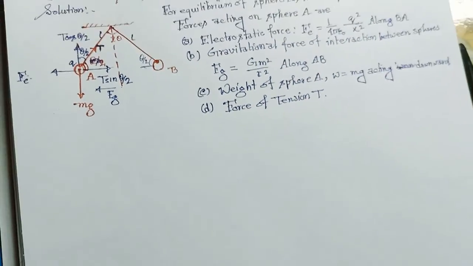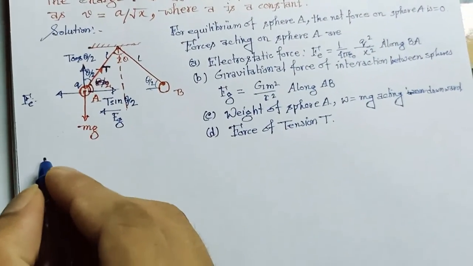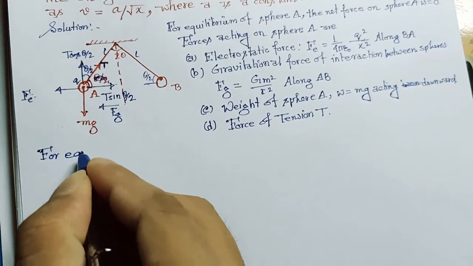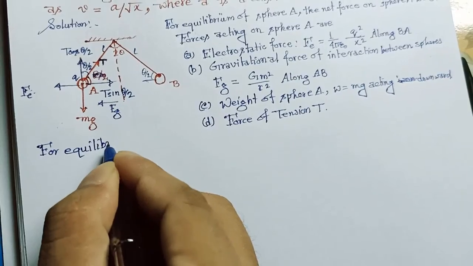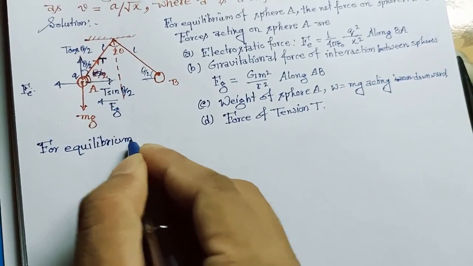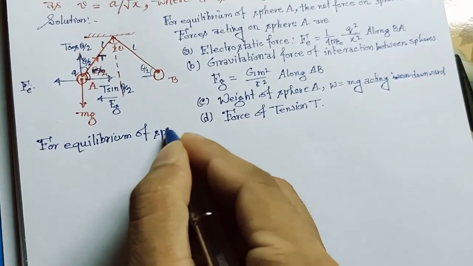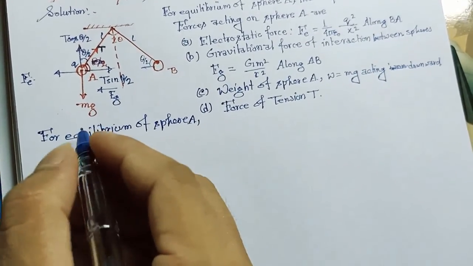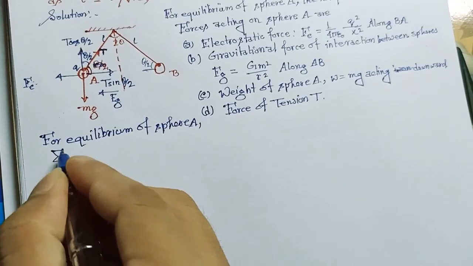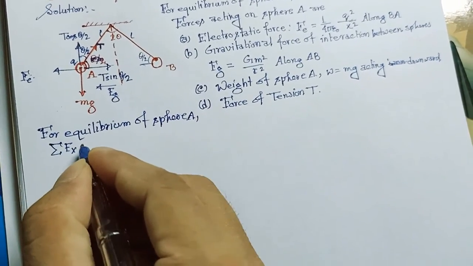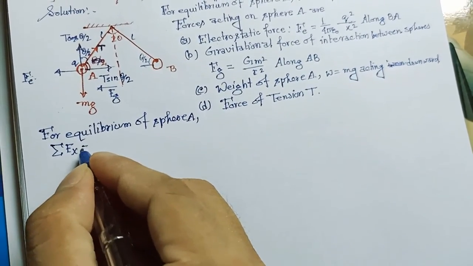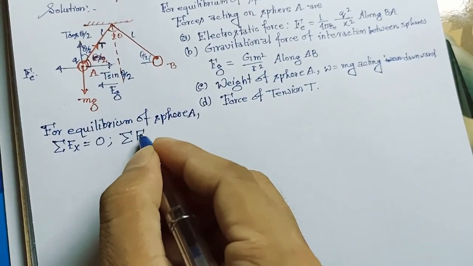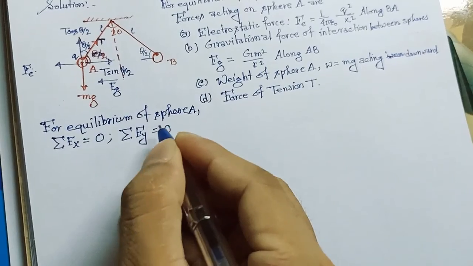Now for equilibrium of sphere A, the equilibrium conditions are: the summation of all forces acting in the x direction is 0, and the summation of all forces acting in the y direction is 0, that is Fy equal to 0. So these are two conditions.